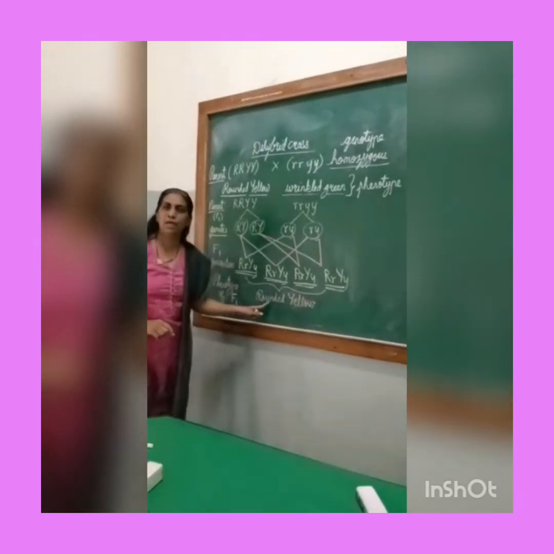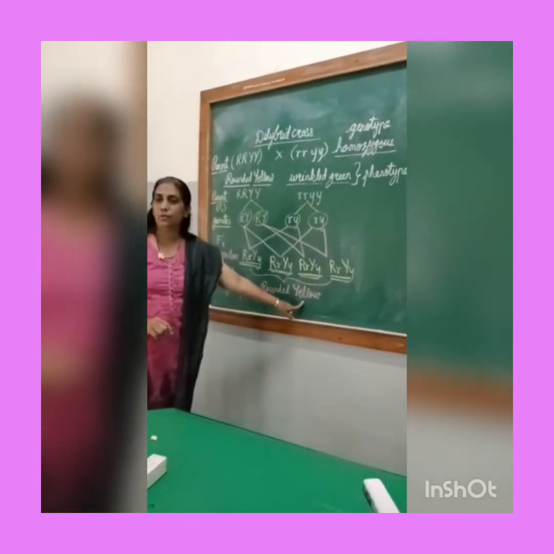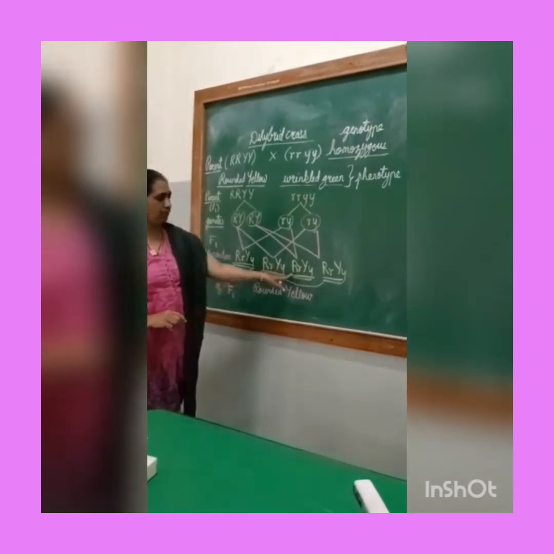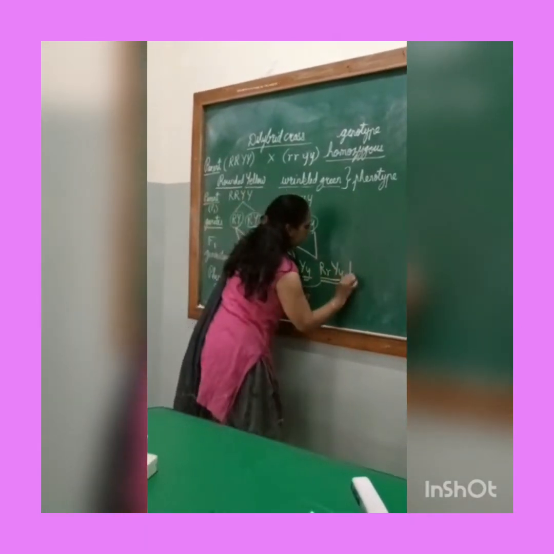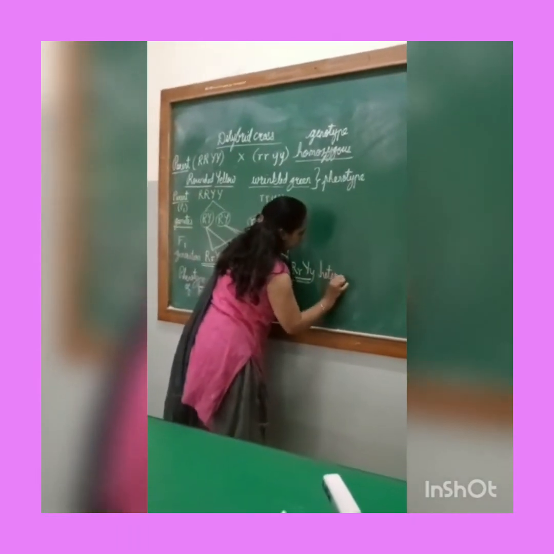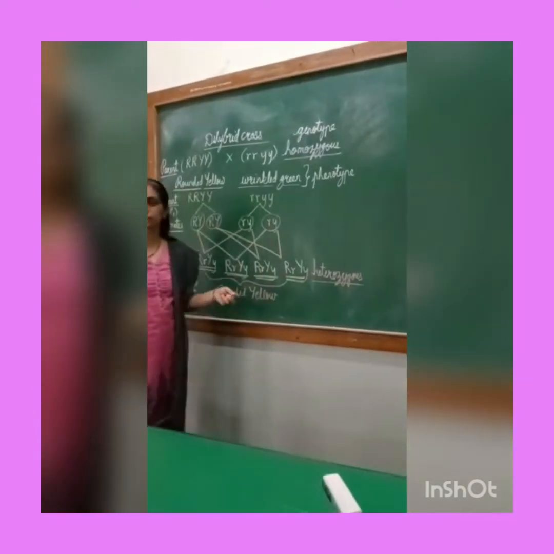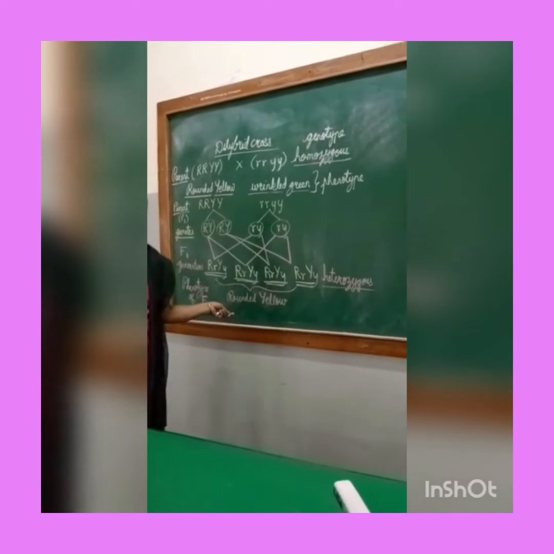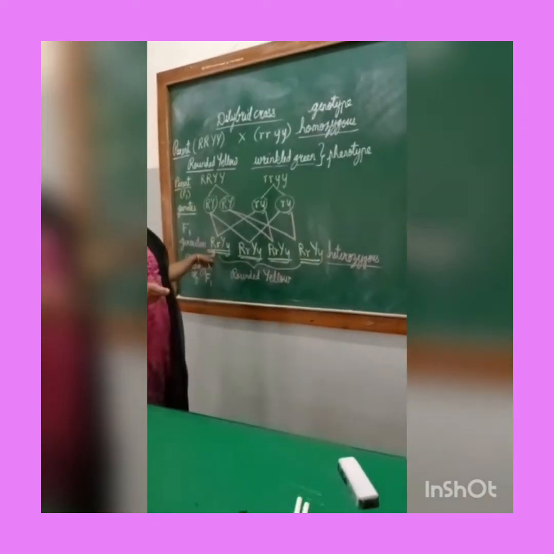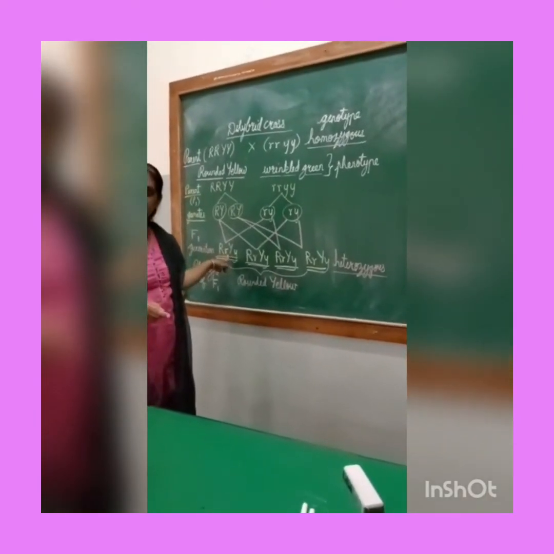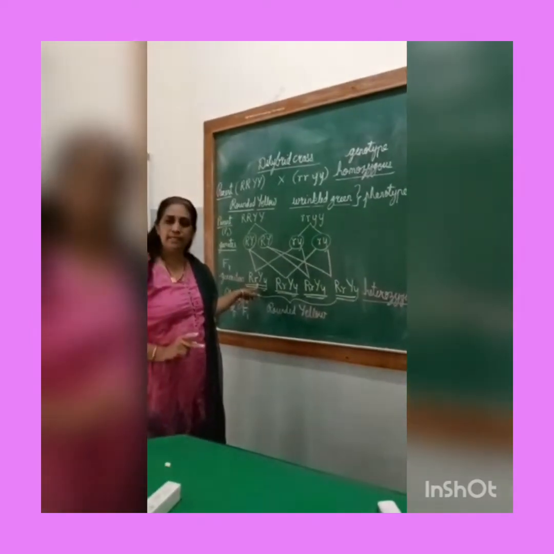They will all be rounded and yellow because each and every one of them is heterozygous. That is, they have both the types of genes. One is the dominant and one is the recessive for both the characters. Understand?